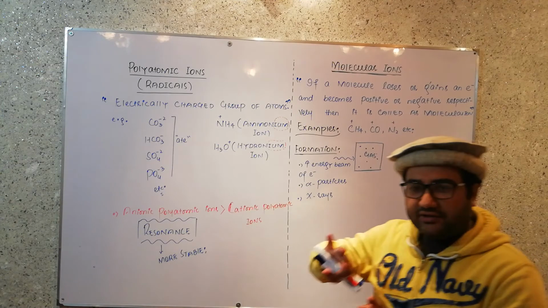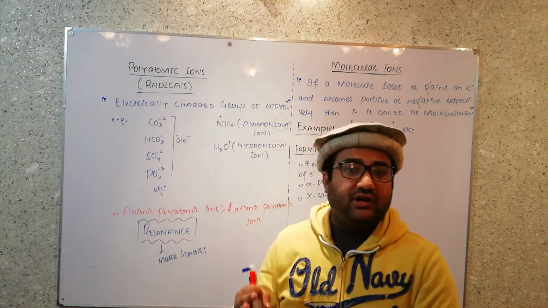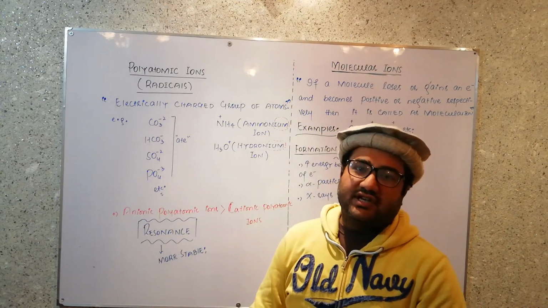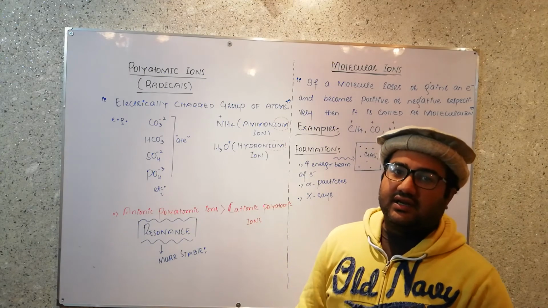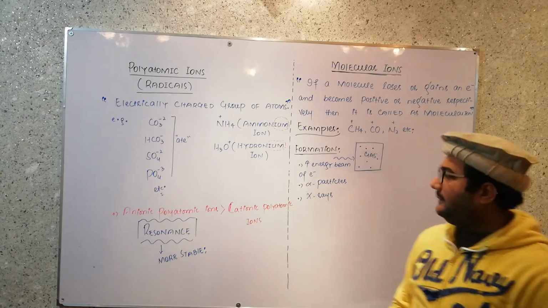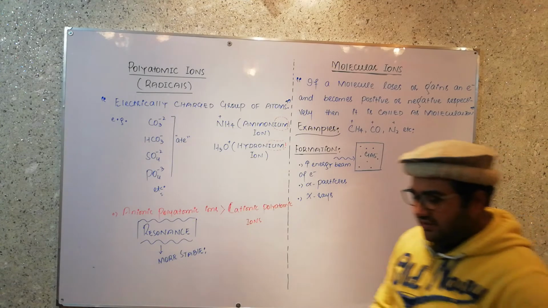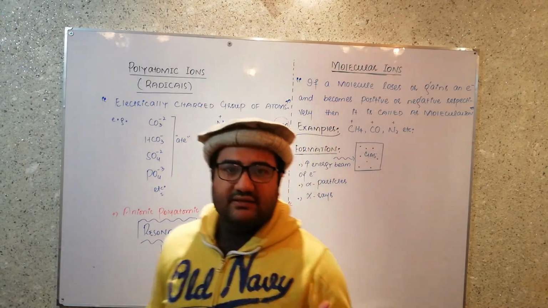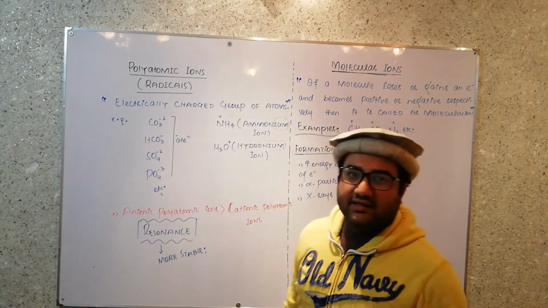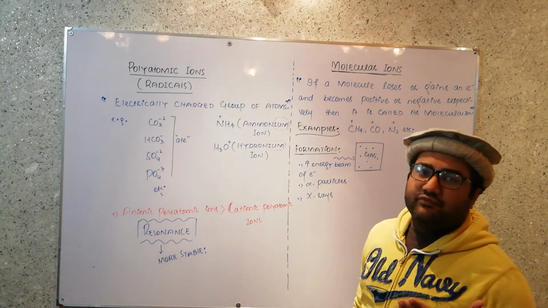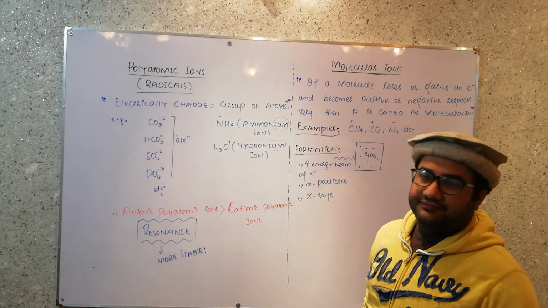So when the electrons are knocked out, the neutral molecule gets a positive charge and becomes a positive molecular ion. You will be thinking why I have not quoted examples of the negative molecular ion. Just because negative molecular ions are very rare.